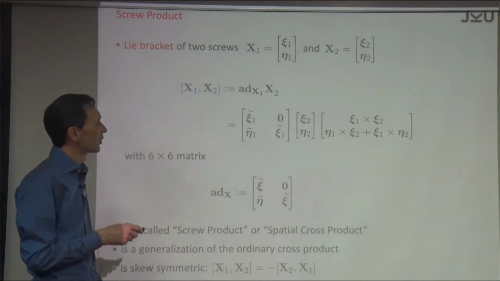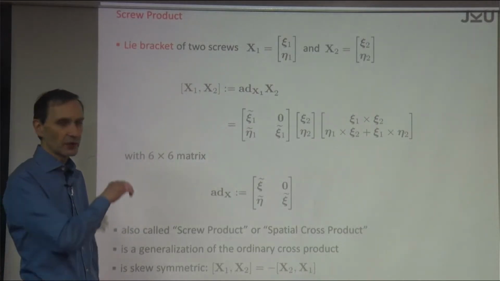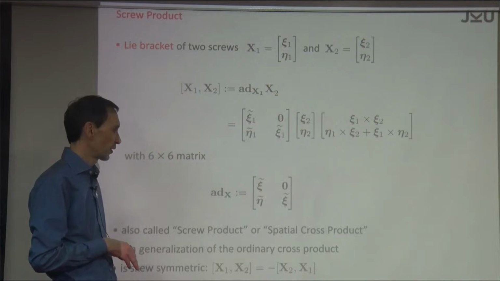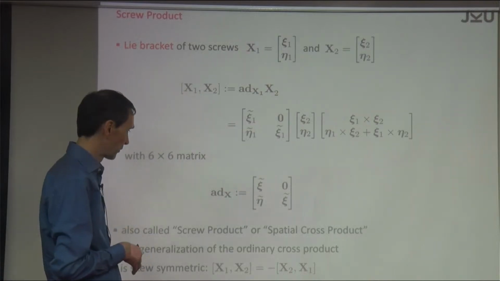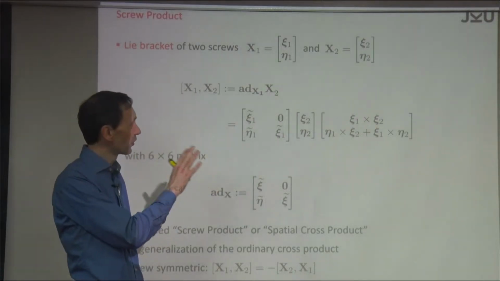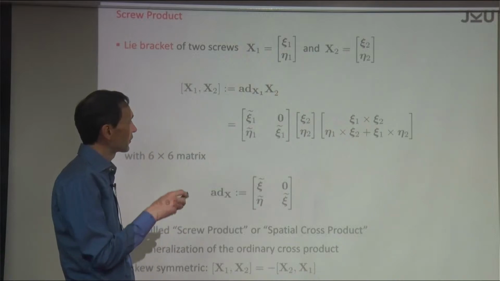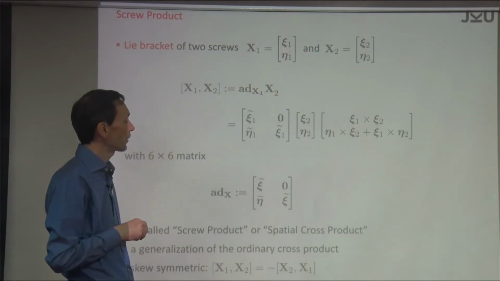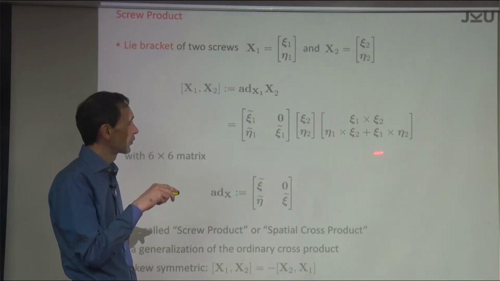There's a lot of mathematics behind it, but we can't go into this because otherwise we have no time and you need much more background. But you can accept that there is an operation that takes these two screw vectors, the 6 vectors, and gives you this one.